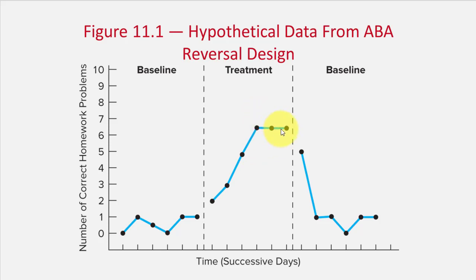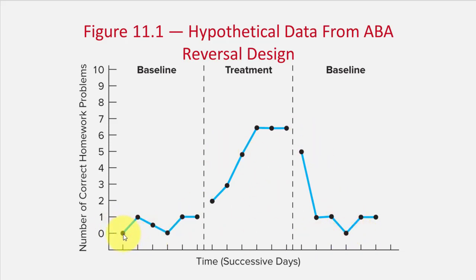And then you reintroduce the teacher who was in the first situation, the unskilled but knowledgeable person, and the number of problems goes back down because their teaching skills probably aren't as good as the teacher who was trained to do their job. So we can see that we have a baseline, an intervention using a skilled teacher, and then the baseline again, and you can see that there is a clear change overall.